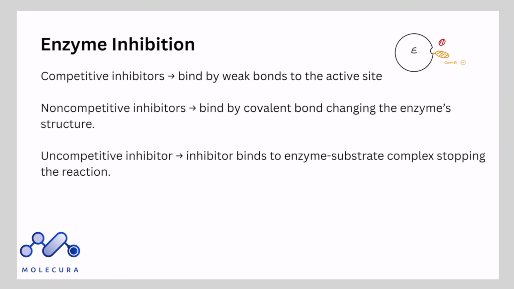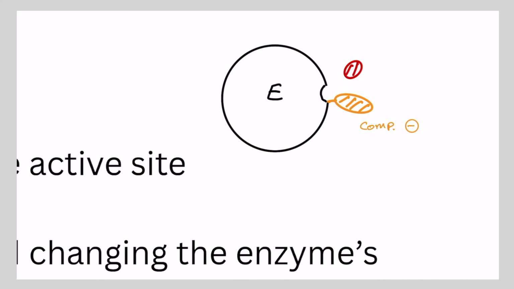Now, coming to the second point is non-competitive inhibitor. This is going to be usually irreversible, and what we have in non-competitive inhibitors is formation of a covalent bond, changing the enzyme's structure overall. So the covalent bond that gets attached to the enzyme is going to change the structure of the enzyme altogether. So what is happening here is that we are having this as a non-competitive inhibitor. We're going to have a non-competitive inhibitor come here and form a covalent bond with our enzyme.